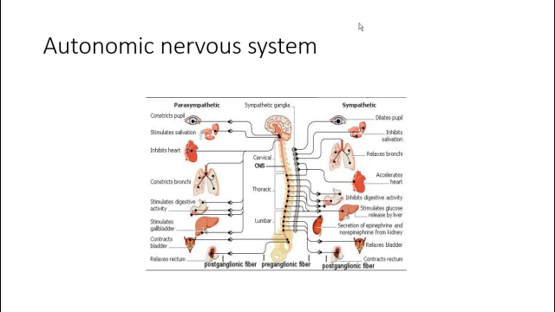So you can see here that those nerves come out of the parasympathetic system, comes out of the cranial area and the sacral area, and then the sympathetic nerves come out along the thoracic area. So again, we're not going to go into great detail on those.